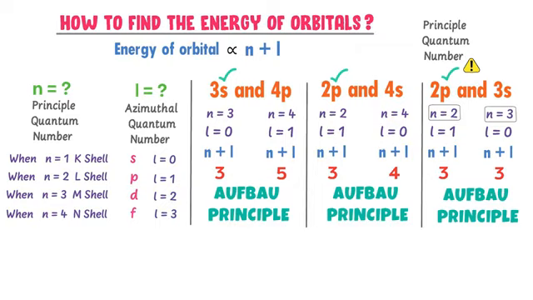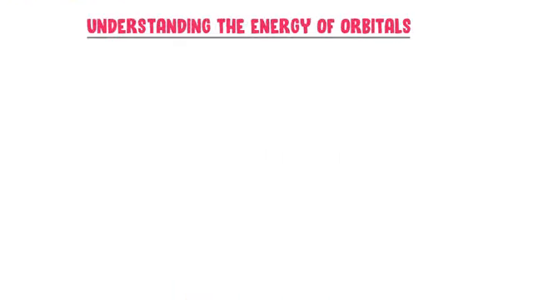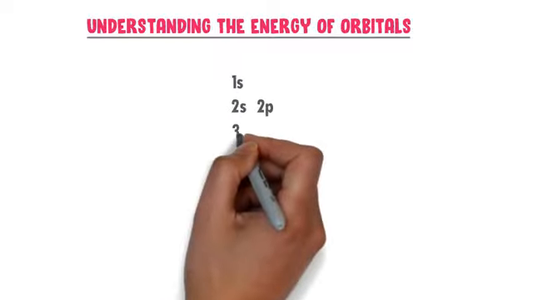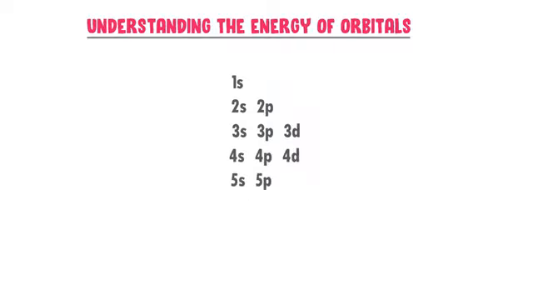Finally, let me teach you the very common and easy trick of understanding the energy of orbitals. Now write some orbitals like 1s, 2s, 2p, 3s, 3p, 3d, 4s, 4p, 4d, 5s, 5p and 6s.